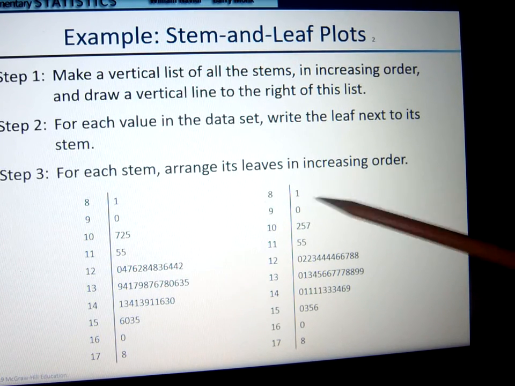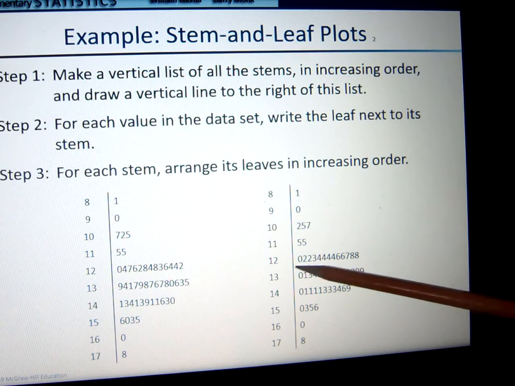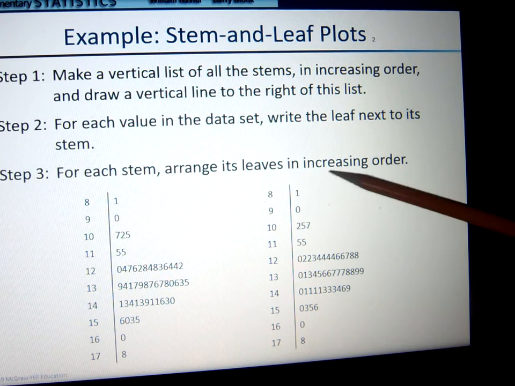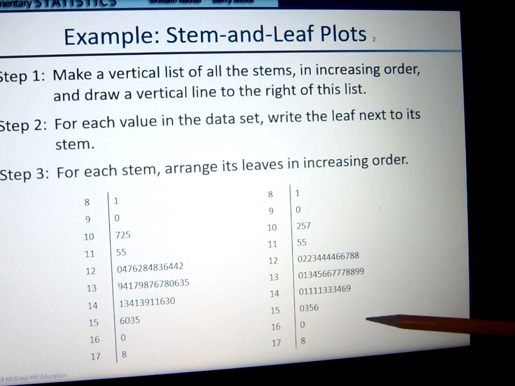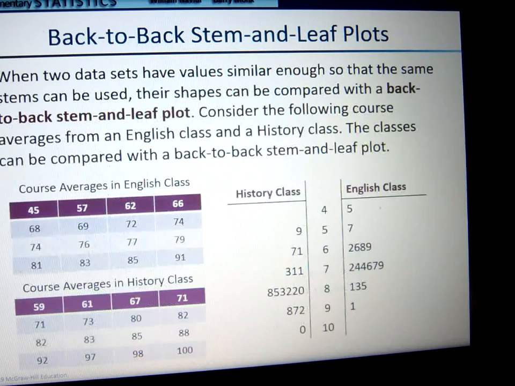And then over here, you're going to order the leaves smallest to largest. This is important because you can use a stem and leaf plot to find your mean, median, and mode, and if they're not in order, that becomes a problem. That's something we'll be looking at in another chapter or so.